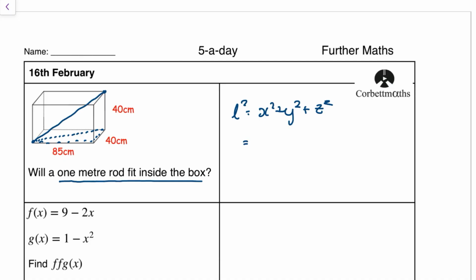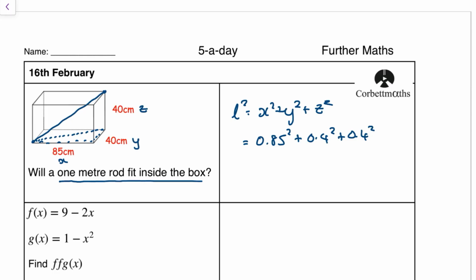So the length squared is going to be, now it's 1 meter, so I'm going to work in meters, 0.85 squared plus 0.4 squared plus 0.4 squared. In other words, that's my x, that's my y, and that's my z value.